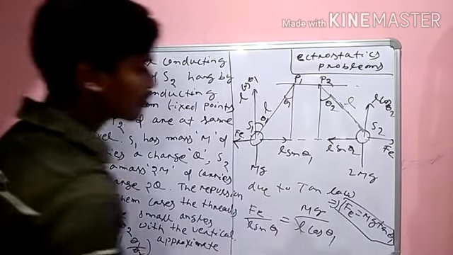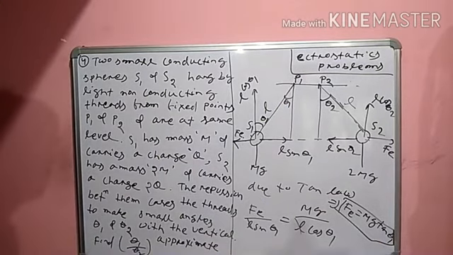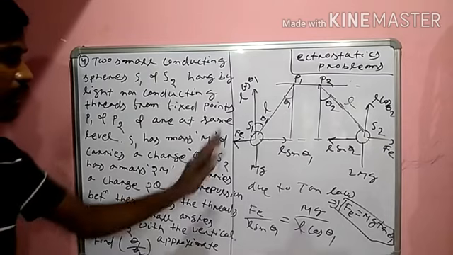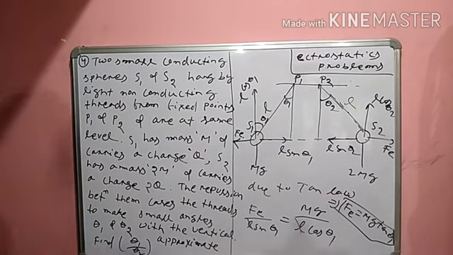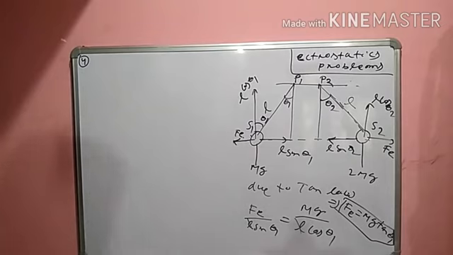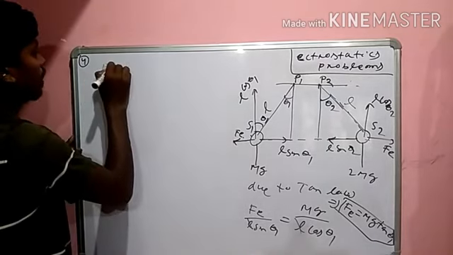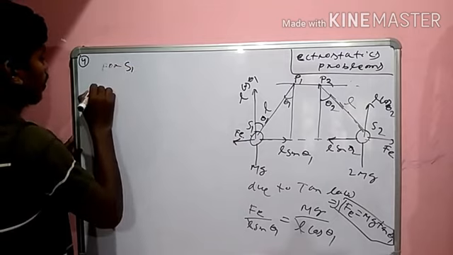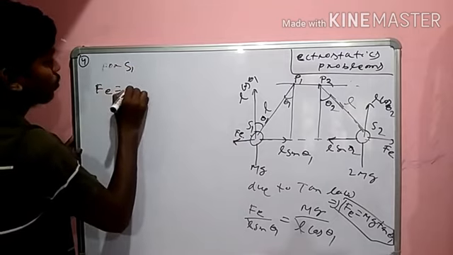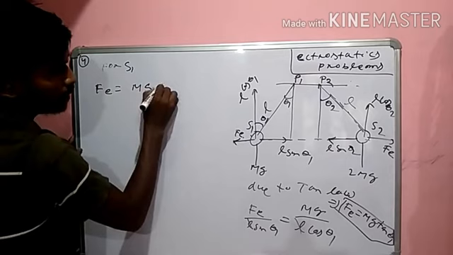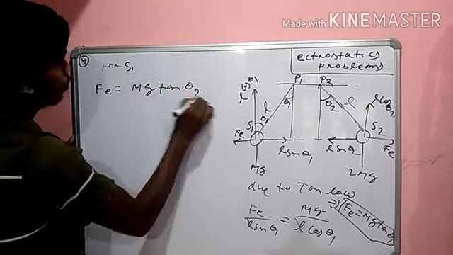Listen. So here, you can write F for S1, F is equal to mg tan theta 1.